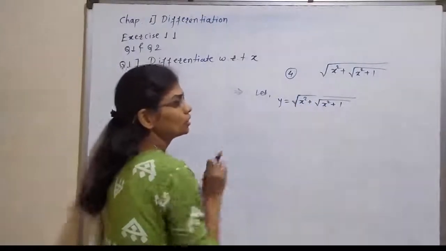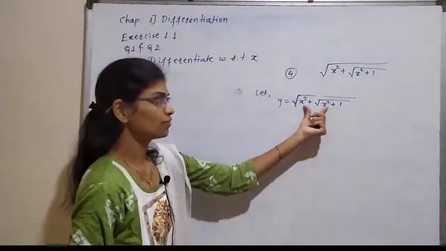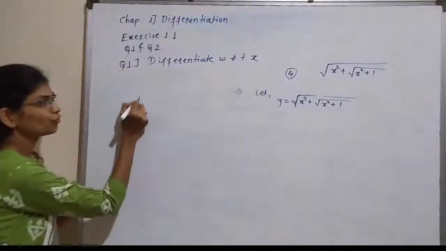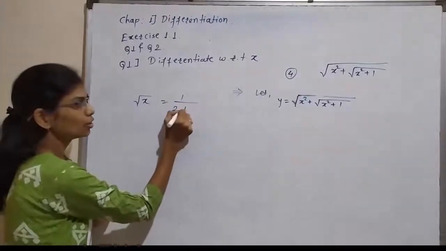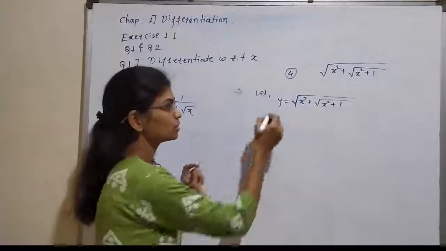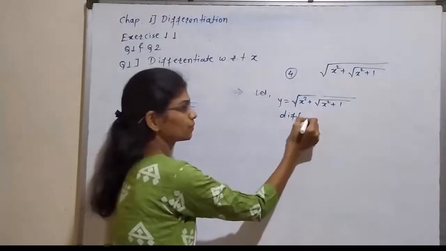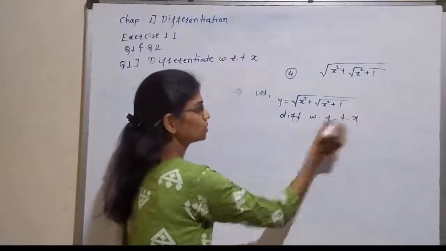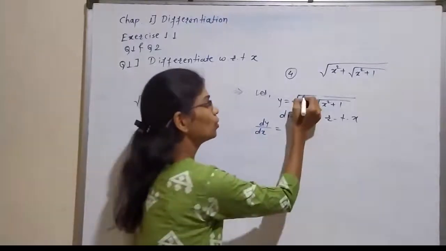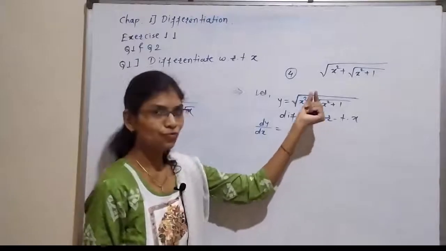We know the formula for the derivative of root x, so that function is considered as root x. The derivative of root x is 1 divided by 2 root of x. Here the variable is x, that is why we differentiate with respect to x. Therefore the first step is dy by dx is equal to the derivative of root x, since the function is in the form of a root.